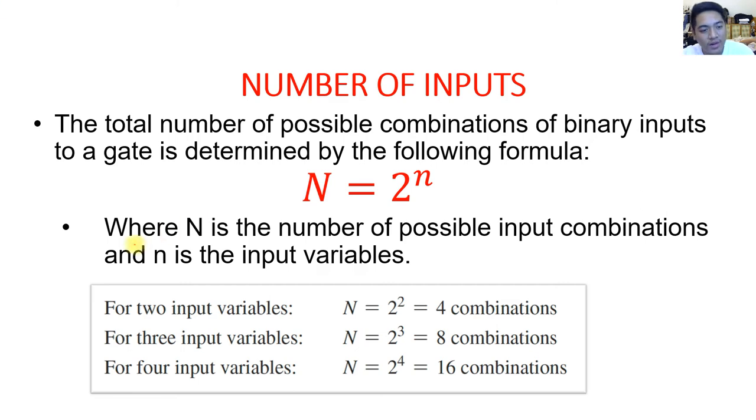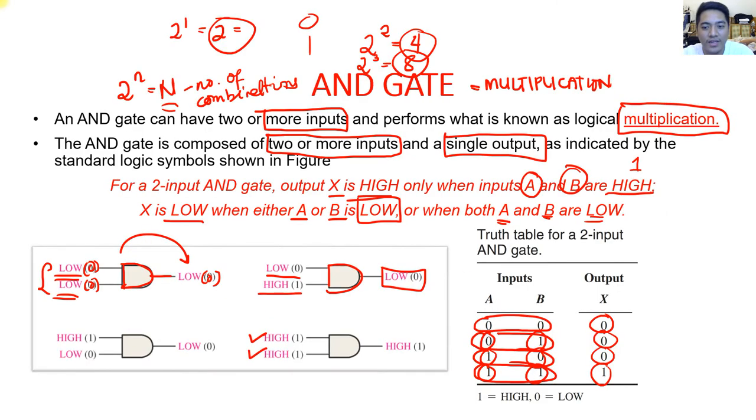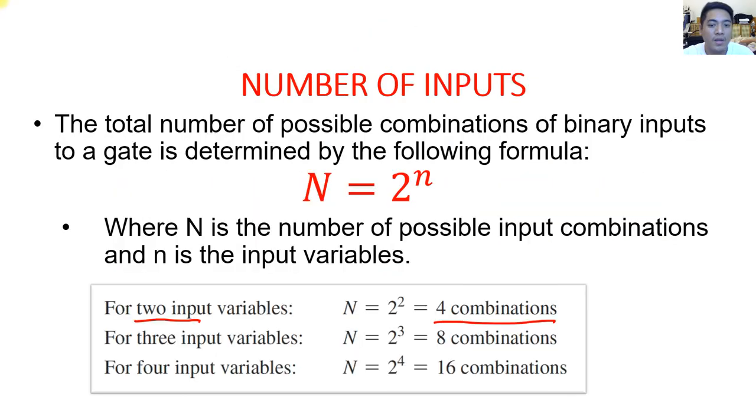So for two input variables, you have four possible combinations. We have seen it a while ago here: 1, 2, 3, 4, because we have two inputs. And for three input variables, you have 8 combinations. And for four input variables, you have 16 combinations.